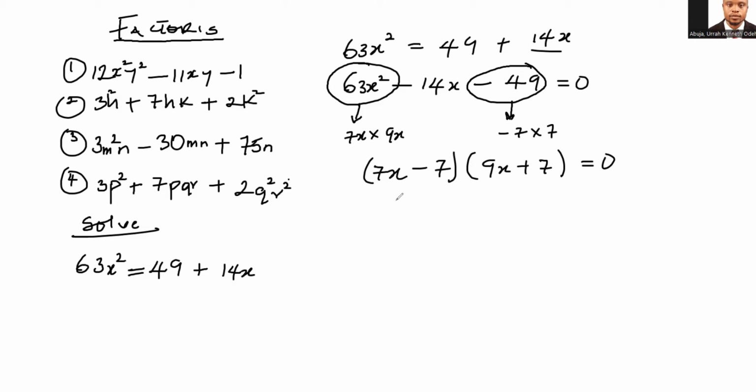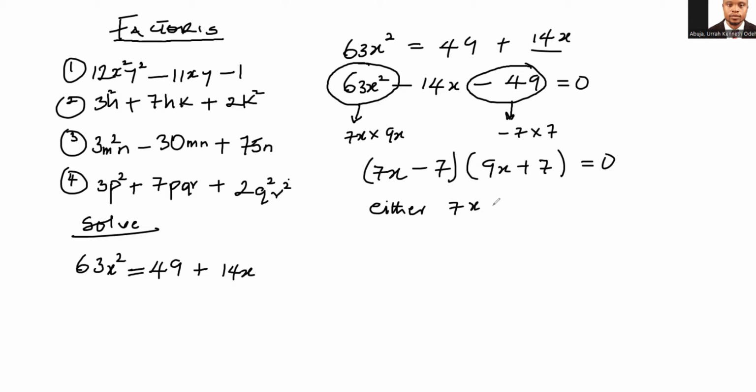So all right, so for a solution to quadratic equation, when you get to this particular point, what you're going to do is just to say the first bracket is equal to 0 and the second bracket is equal to 0. So we have either the first bracket.